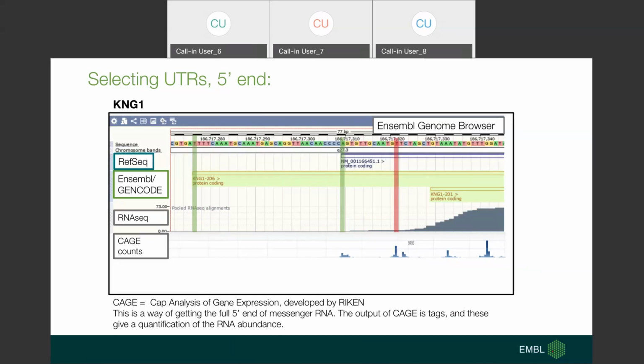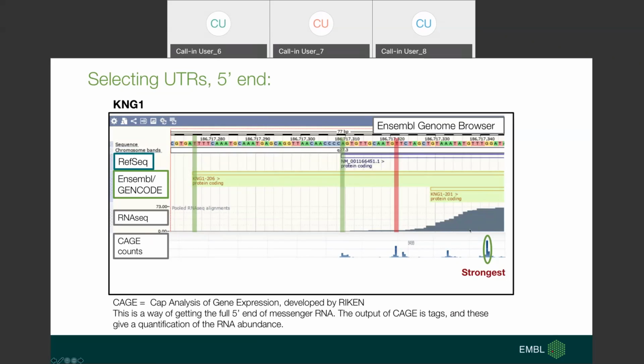So if you look here, you can see I'm showing you the highest peak. That means what we're calling the strongest, and that means that there's a large number of transcripts that start at this position on the genome, but you can see that there are other peaks. And so you could choose the strongest, but then if you do that, you can see that there's a large number of transcripts that are not included within that length of the UTR.